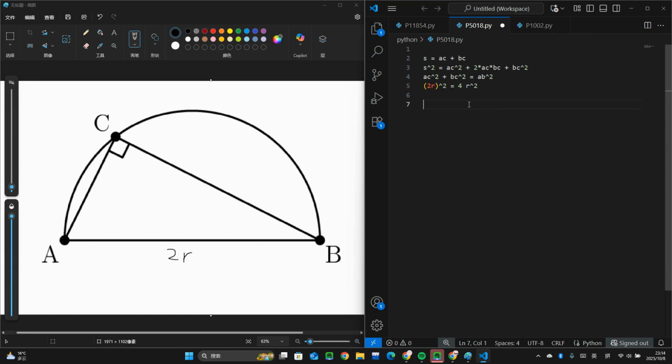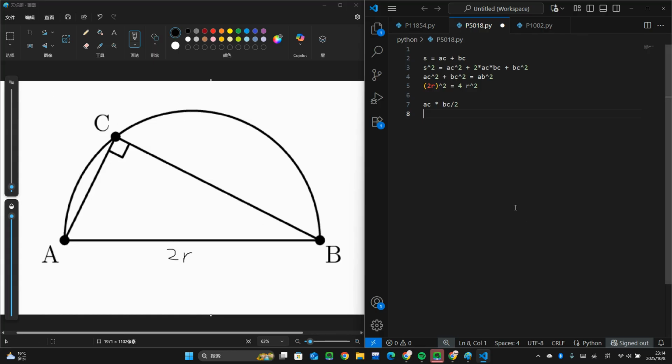However, we can rewrite them into one relationship, and this is the most fun part of this problem. We can rewrite them in terms of area of this triangle. Area of this triangle is just AC times BC over 2, right? And the maximum area of this triangle is just putting C on the very top of this dome.